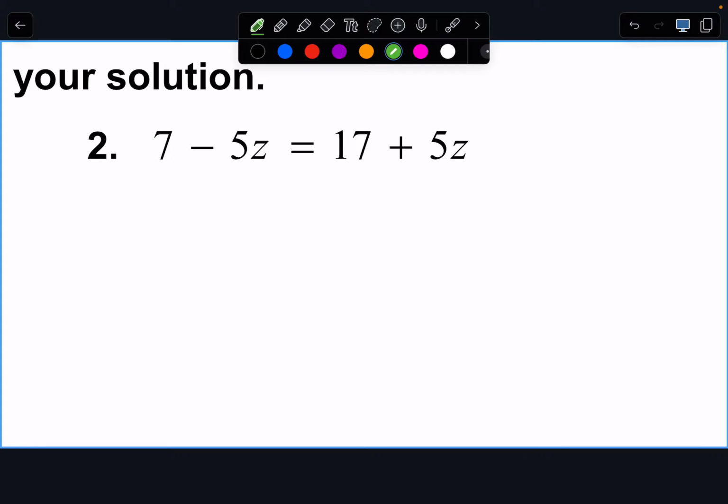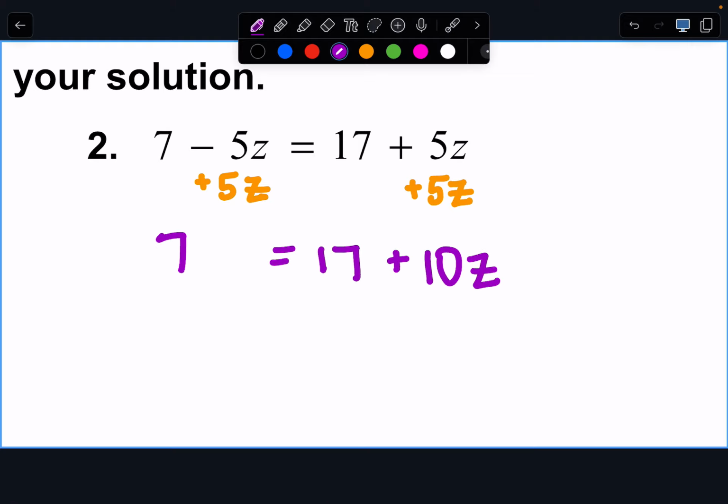I always like to have positive coefficients for my variable if I can. So if it were me, I would choose to add 5z to both sides. That way I have 7 equals 17 plus 10z. Great game, 10z, by the way. Okay.